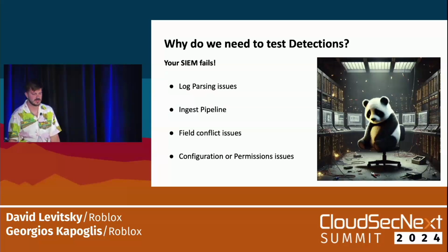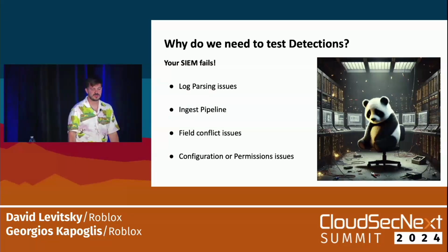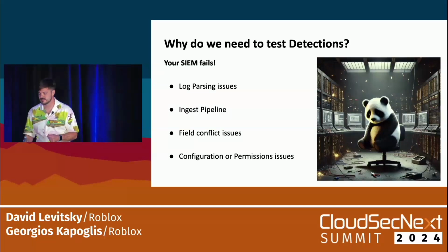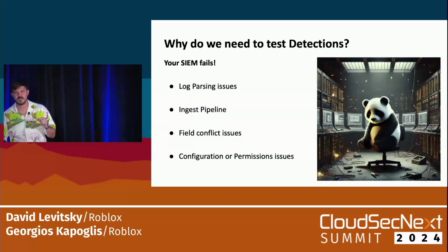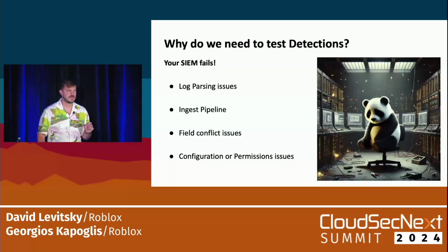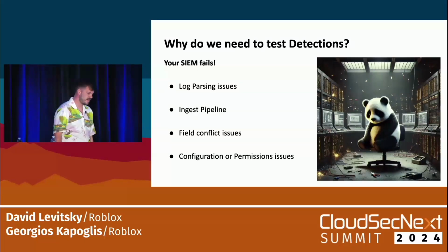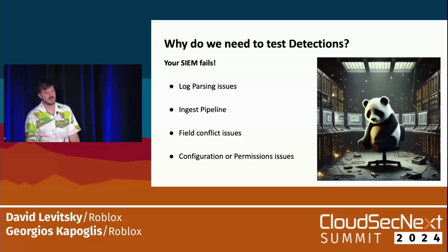That might happen. Another very common issue that you might see out there is, for example, with Elastic, if you are using a specific field in your detection query, and you define that as, let's say, a keyword field, and then after a month, or 6 months down the road, we go and onboard a new log source.